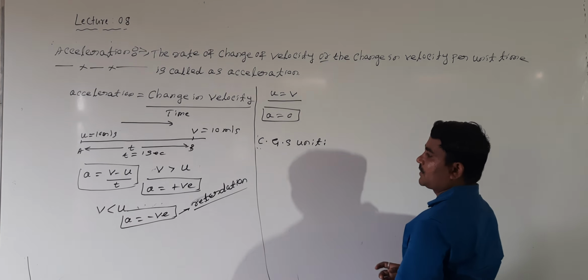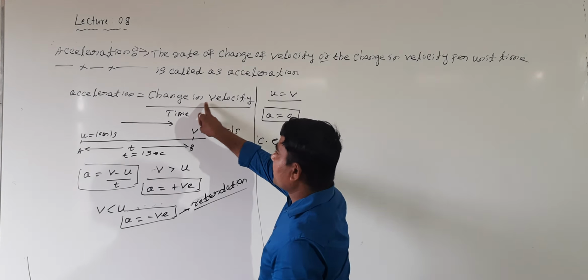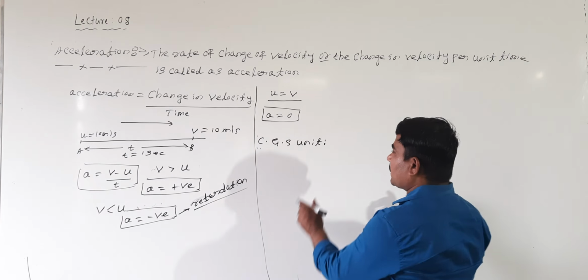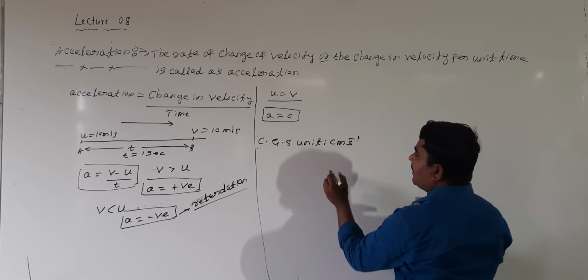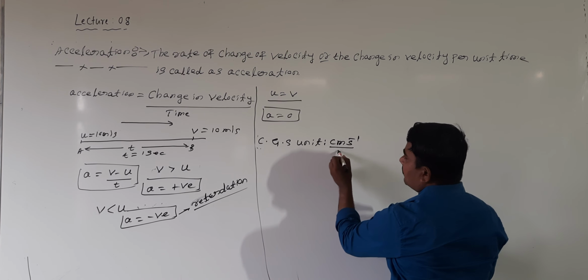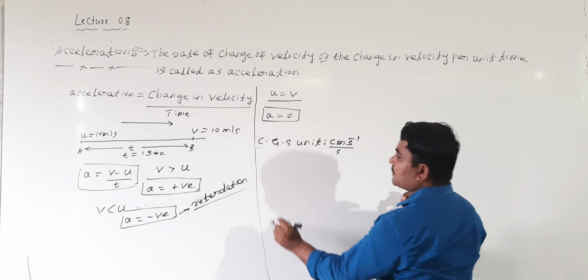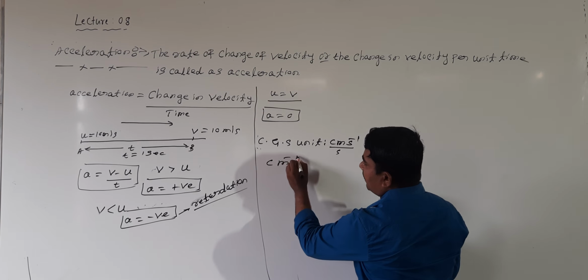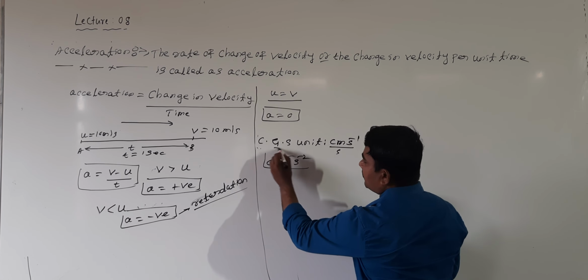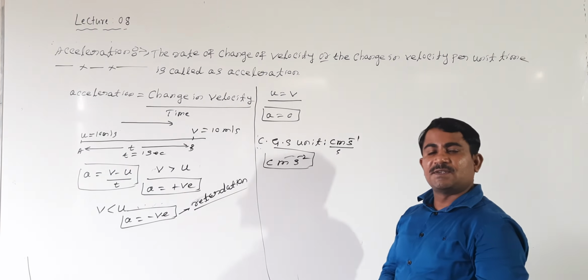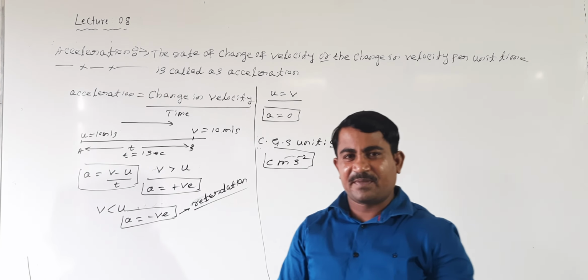Change in velocity means velocity, and the CGS unit of velocity is centimeter per second, divided by time, that is also second. So the CGS unit is centimeter per second square. This is the CGS unit of acceleration.